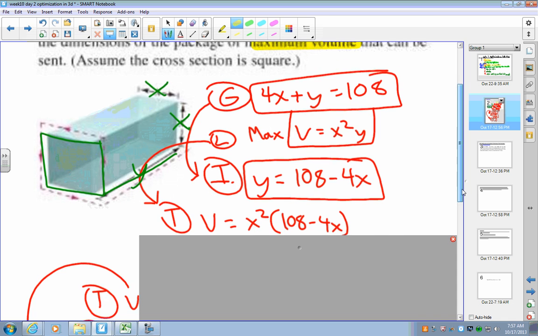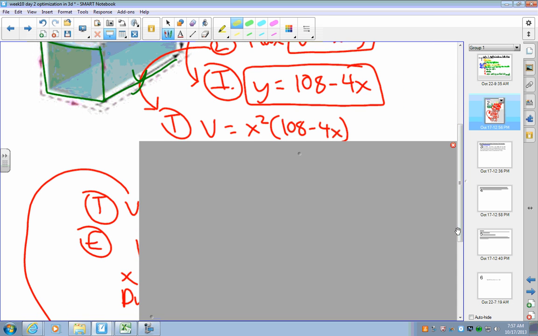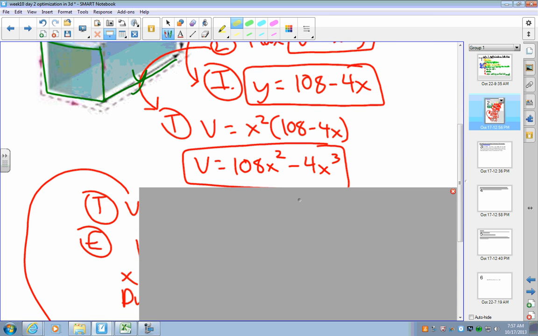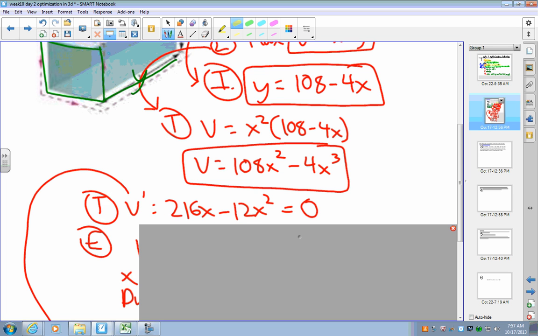Okay. Now I have an equation for the volume in terms of one variable. And if that's the case, I can then start taking derivatives and solving. So I take the derivative, set equal to 0.